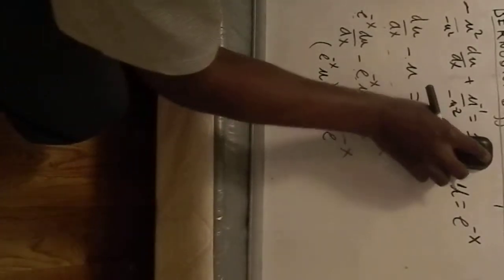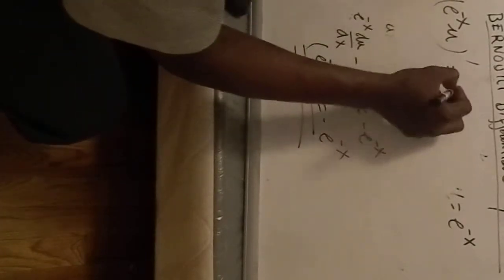Now what we can do here, we want u by itself. Let me erase a little bit here, please. That is where we are. I'm trying to copy it again on top for you to see.